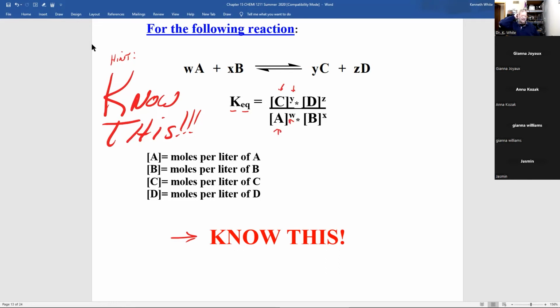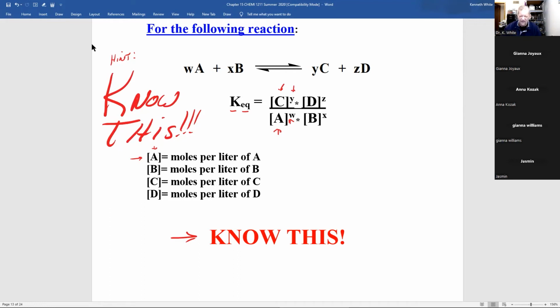And here, K eq, the equilibrium constant, and in brackets, notice right here, when you have a formula inside a bracket, that's moles per liter, molarity. So for that reaction, the equilibrium constant is the molarity of C to the y power times the molarity of D to the z power, divided by the molarity of A to the w power times the molarity of B to the x power.